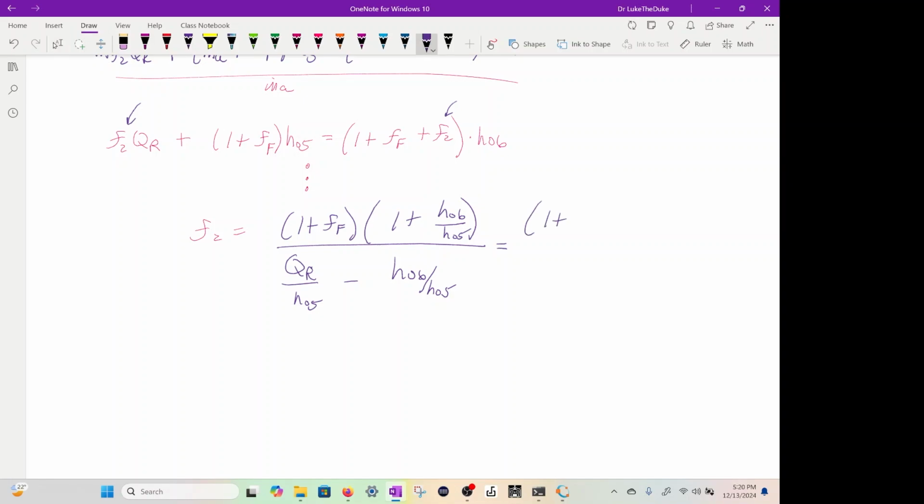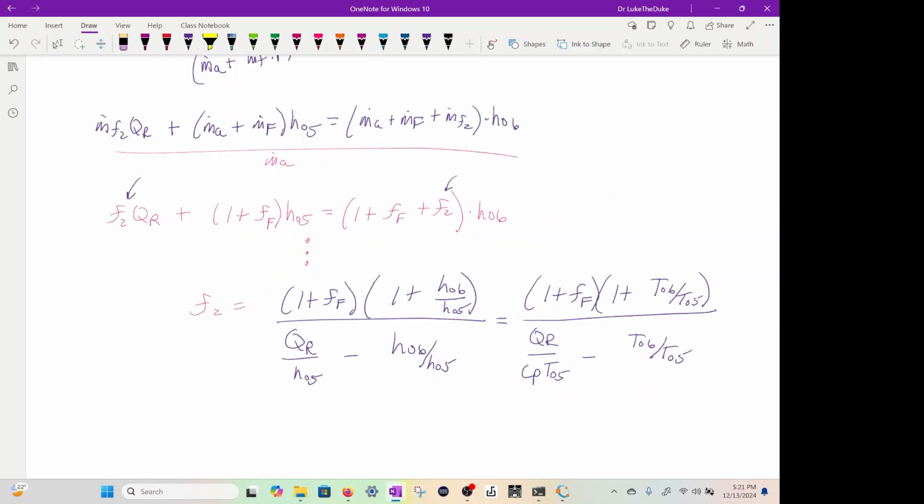So 1 plus F, the fraction, times 1 plus T_06 over T_05, because the C_P's cancel, over Q_R over C_P T_05 minus T_06 over T_05.